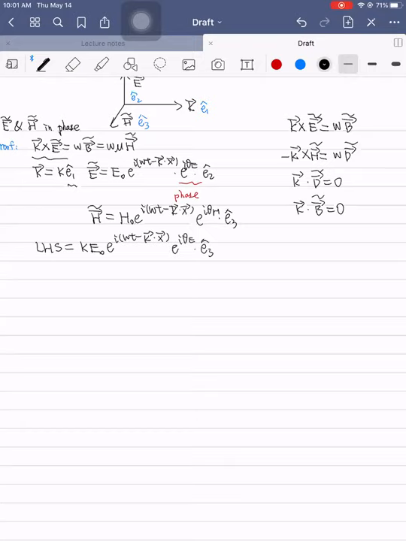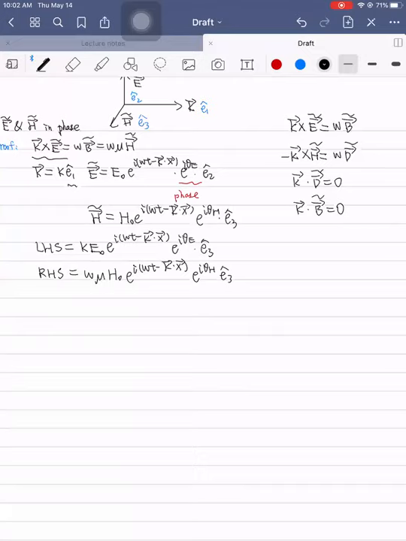And the right-hand side should be this. So these are two complex numbers. They are equal to each other, so their amplitude and phase should be equal simultaneously.